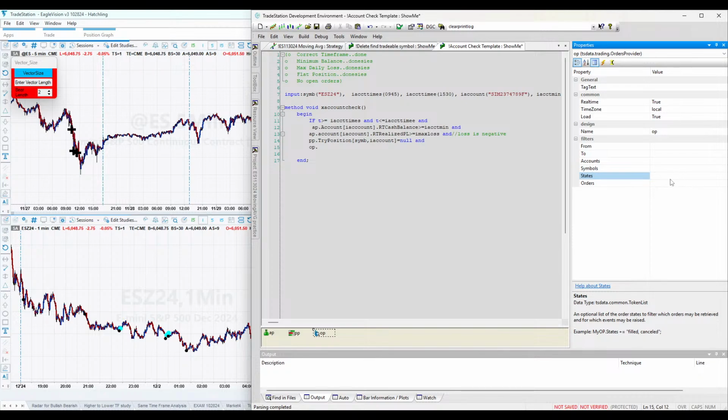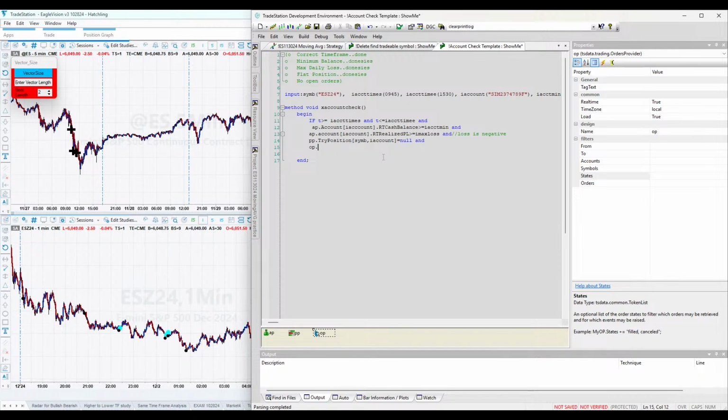So the open order states here, which would be like sending or stuff like that. So if we have filters here and it stays in this collection of our orders provider, then we want to know that that collection is empty, because we don't want there to be any open orders, right?